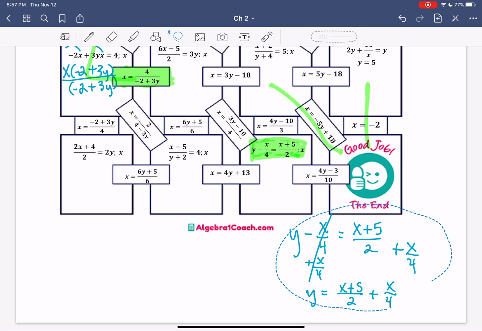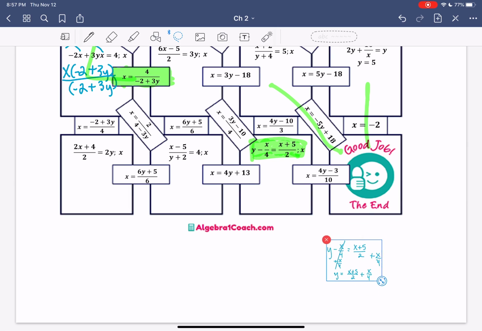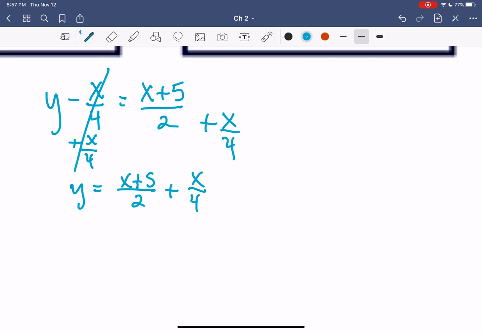You guys will probably hate me, but I'm going to do some fraction stuff here next. I do not have common denominators, but I have very easy to make common denominators. So I'm going to say, well, this is the same thing as y equals 2 times x plus 5 over 4.